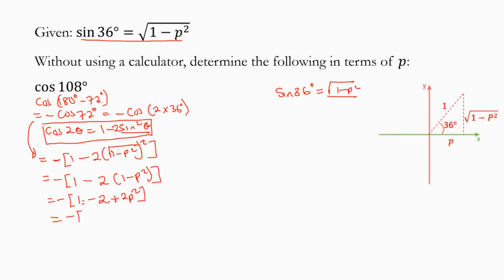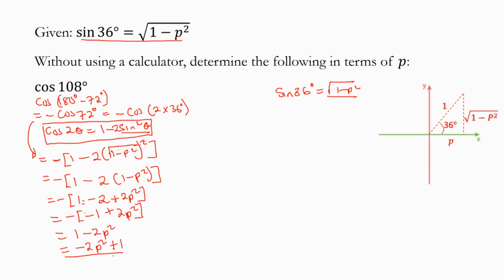So it's negative, negative 1 plus 2p squared. Then we remove the square bracket and distribute negative 1. It's going to be 1 minus 2p squared, which is just the same as the one we got, negative 2p squared plus 1. You see that? We're getting the same answer there.